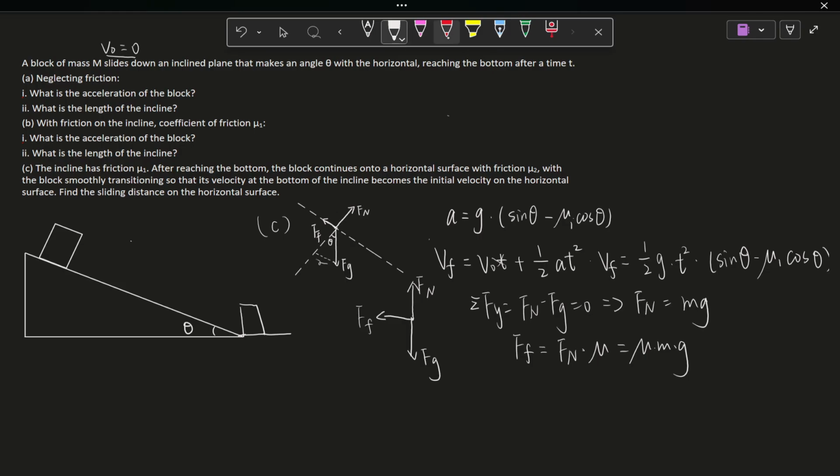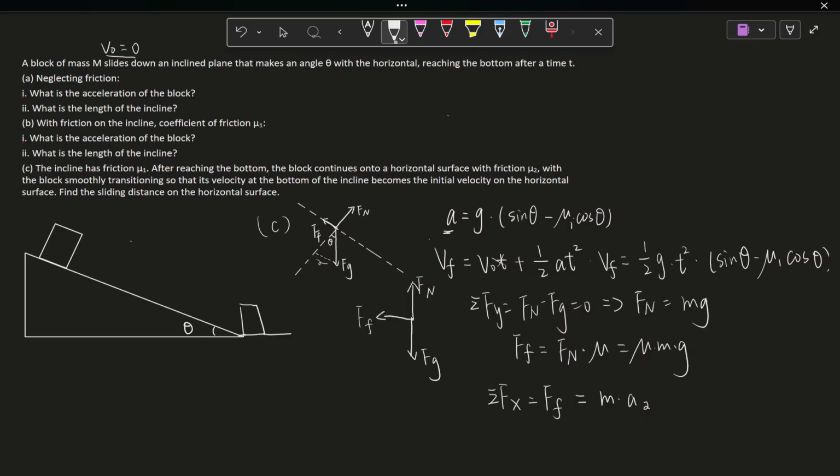And now let's write a net force equation for the horizontal surface. Since it is moving horizontally and we must figure out when it stops, we can find the acceleration by writing the net force equation for the horizontal direction. We can write net force Fx is only equal to Ff, which is equal to m times a2, because we cannot use a here, as a is already being used.